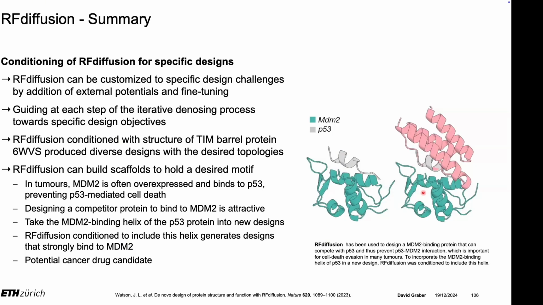So kind of like a fake P53 that would bind to all the overexpressed MDM2 proteins so that P53 would again be free to do its job and initiate cell death once it's needed. So they conditioned RF diffusion to include this helix of P53 and then generated some designs that included this helix. And they showed that these designs actually bound to this MDM2 protein quite strongly. And this is kind of like a potential cancer drug.